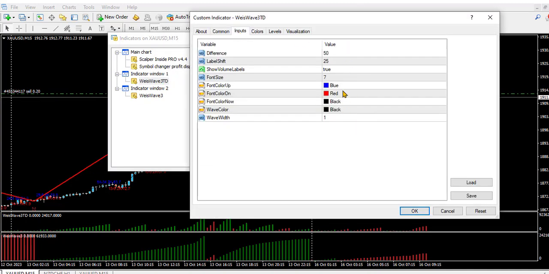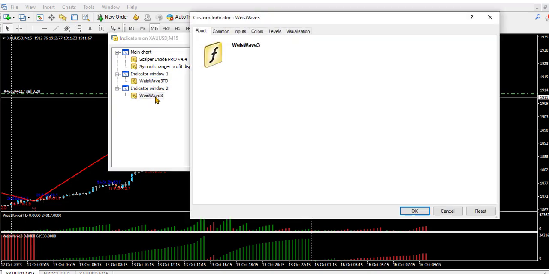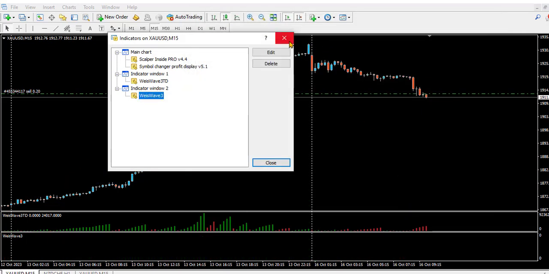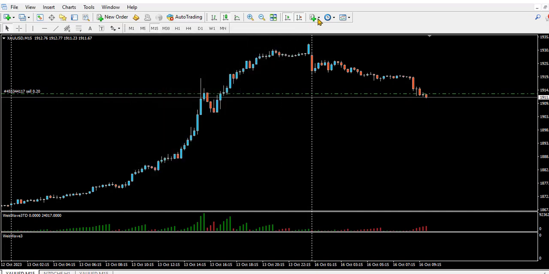And this is the West Wave indicator, and these are the values. So if you want to play with it, you can. And these are the values for this also. So that is all the indicators I use beside the moving average that I just deleted.